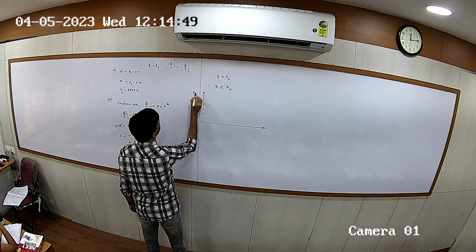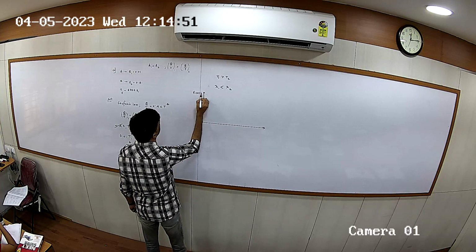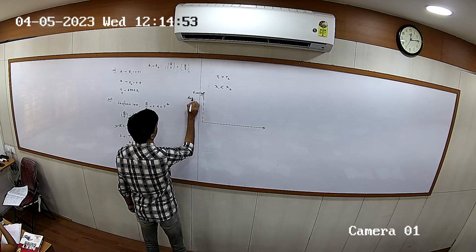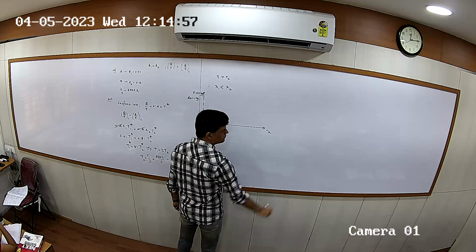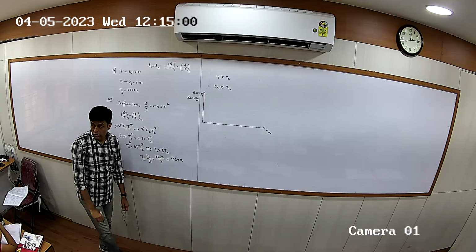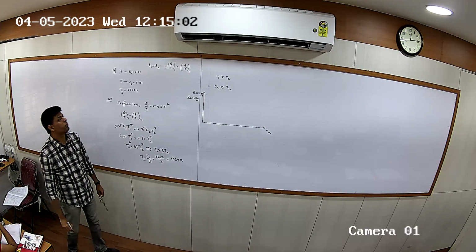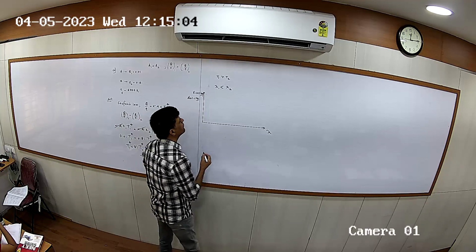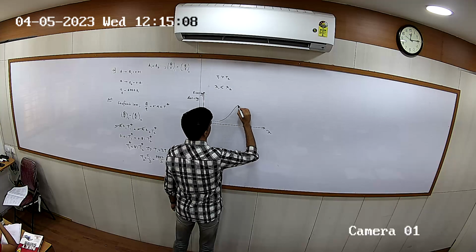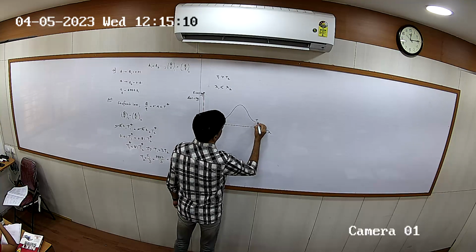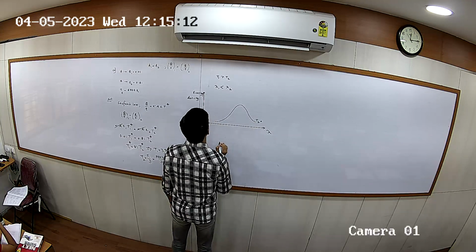That's energy density, and wavelength here. Okay, so now the meaning of the problem is lambda 1 is less than lambda 2. This is at temperature T2.